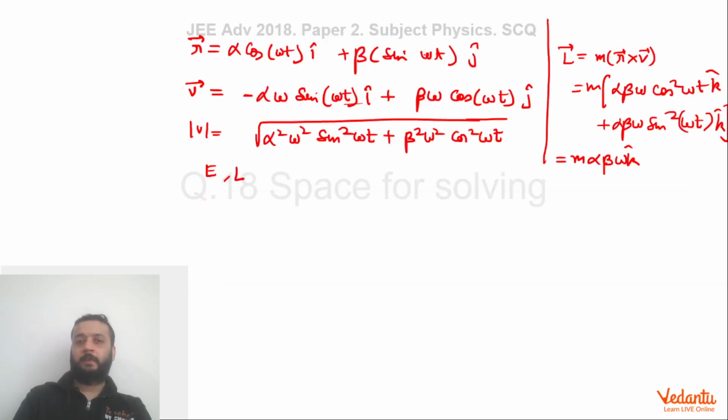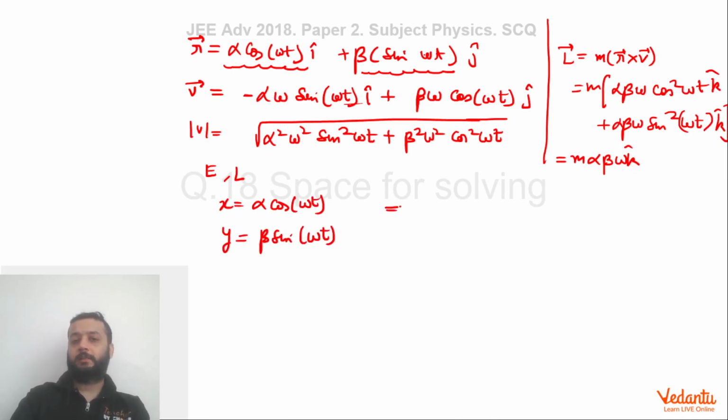One more thing, we could have also thought of this motion as a superposition of two SHMs. This is one SHM happening along the x-axis, and this is one SHM happening along the y-axis, and they are phase shifted by pi by 2. So in this case, we realize that the motion comes out to be elliptical. If you try to find the equation of trajectory, it will be elliptical in nature, because the x coordinate is alpha cos omega t and the y coordinate is beta sin omega t.